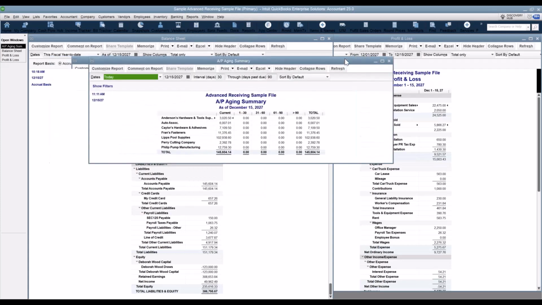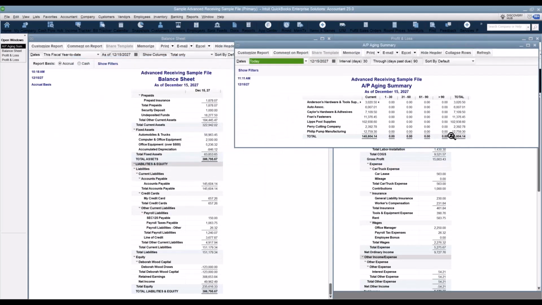Whoops, let me move that over, make it a little bit easier. I have 145,604, that matches over here. Now, if I were to change it to cash basis, right? Technically, on a cash basis balance sheet, I really don't have AP or AR because I won't know what that is until it's paid, and that's when it's going to hit my profit and loss report. Okay, so it's a little bit different.